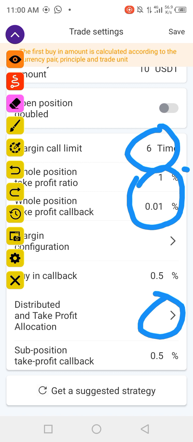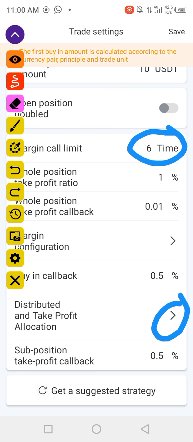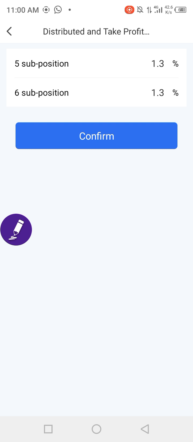While this section takes care of position number 5 up to the highest margin call limit that you set. For example, this is at 6 margin call. Then let's look at here and look at what we see here. If you open it, what we have is sub position 5 and sub position 6.